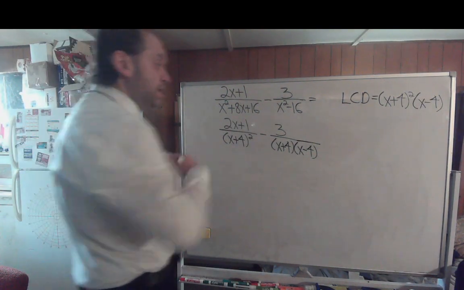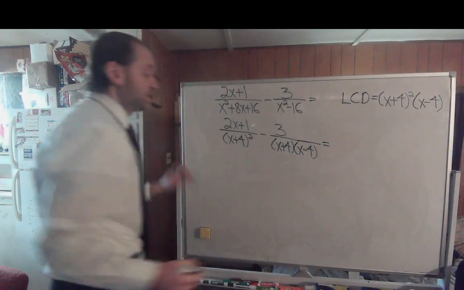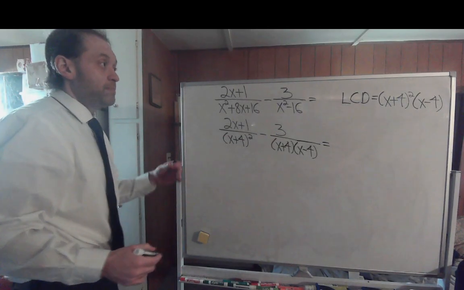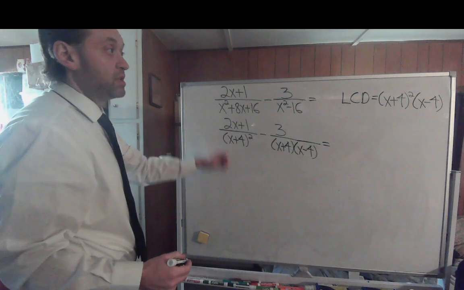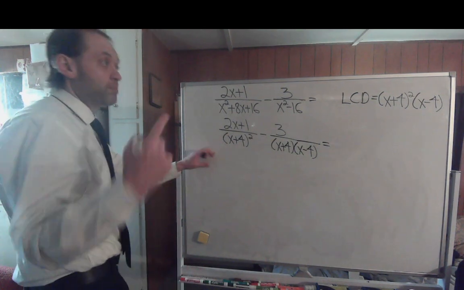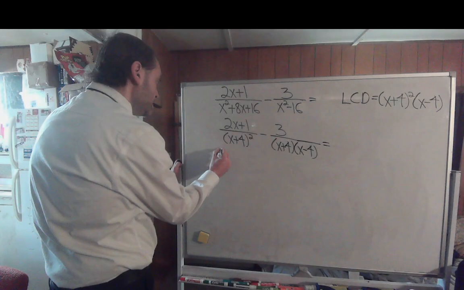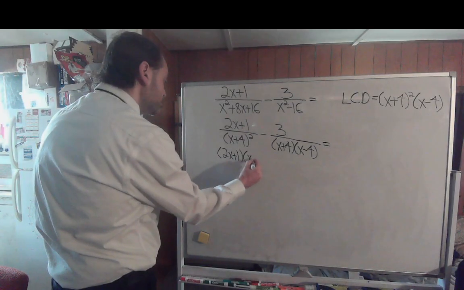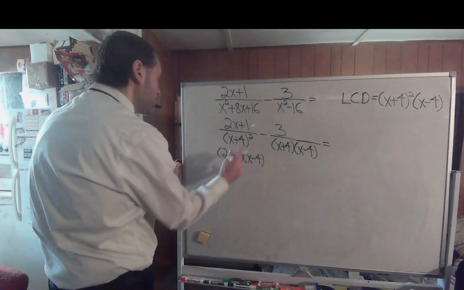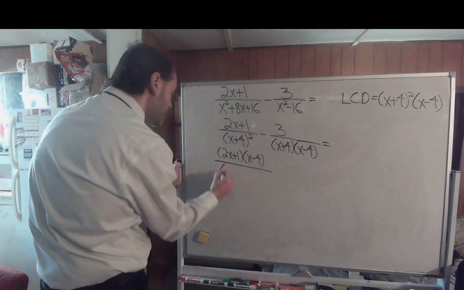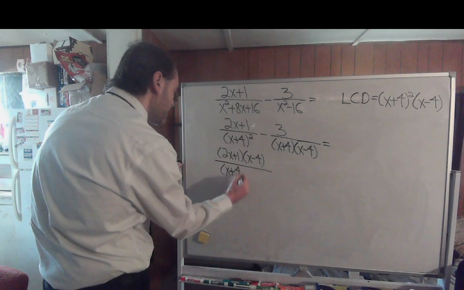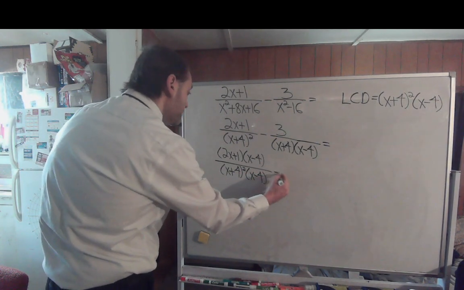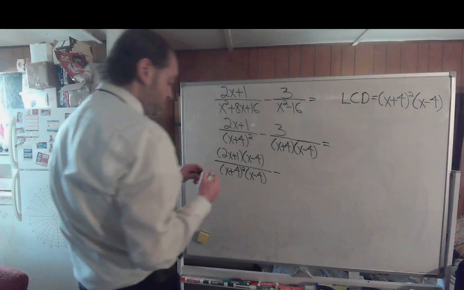So now we need to take the appropriate steps to make both of these have the same least common denominator. That means for the first term, you're going to have to multiply both numerator and denominator by x minus 4. So this would turn into (2x plus 1) times the quantity of (x minus 4) all over (x plus 4) squared times (x minus 4) minus, now let's look at your second term.